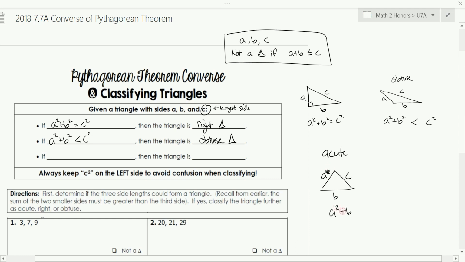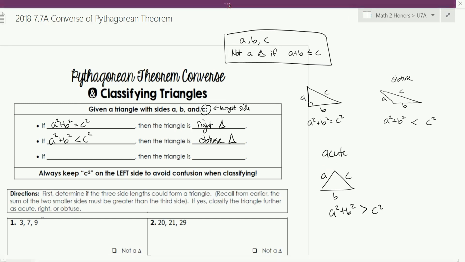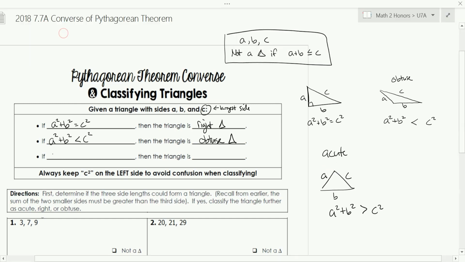A squared plus B squared is going to end up being more than C squared because we've decreased the size of C to create this acute triangle. And so that is our criteria for classifying what kind of triangle we're working with.